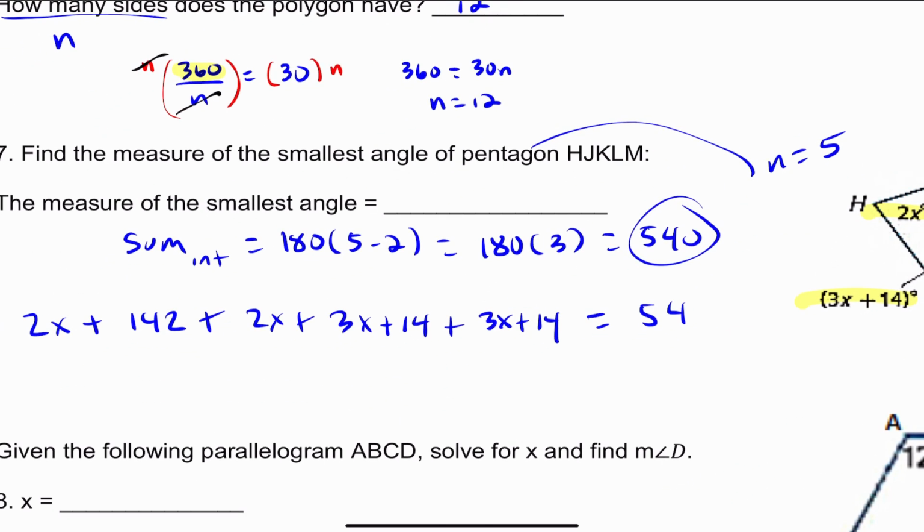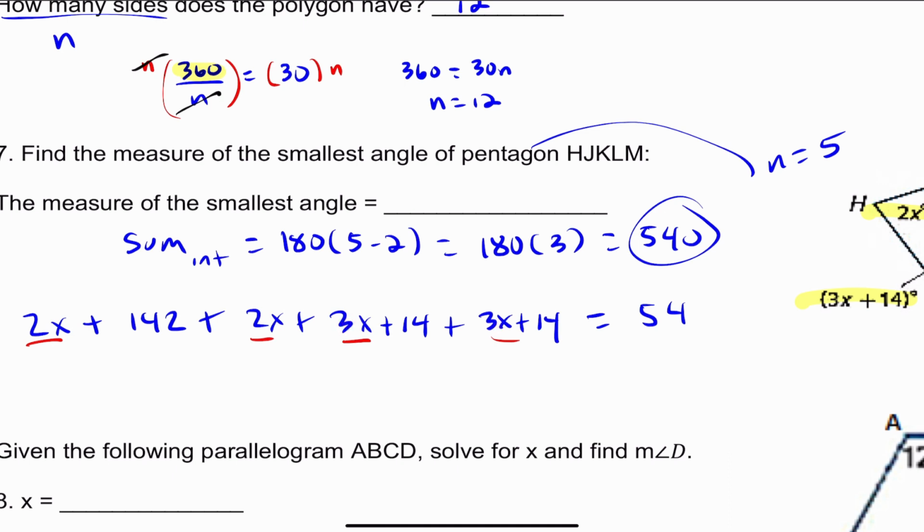Okay, so let's combine the like terms. I'm going to combine the x's and the regular numbers together. The ones in red I'm going to combine first. So 2x plus 2x plus 3x plus 3x. 2 plus 2 is 4, 4 plus 3 is 7, 7 plus 3 is 10.